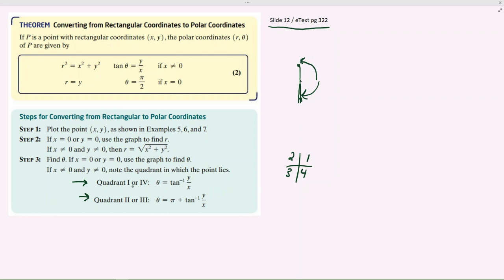If we're anywhere in quadrant 1 or 4, that's where the tangent is defined. And if we're in either quad 2 or 3, then all we have to do is add pi to the inverse tangent to put it back in its right place.